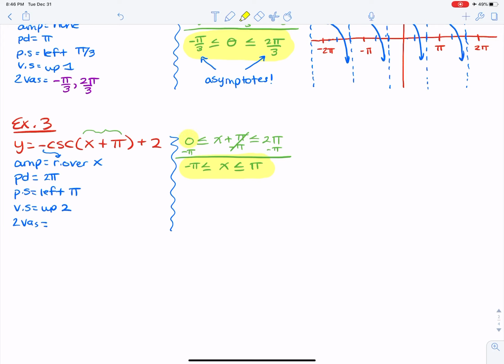This time, this has to follow the inverse function. And remember, cosecant is the inverse of, or 1 over, sine. So it has to follow midline high, midline low, midline. But remember, this is negative though. So since it's negative, it's midline low, midline high, midline. It would have been that, but because it's negative, it's this.